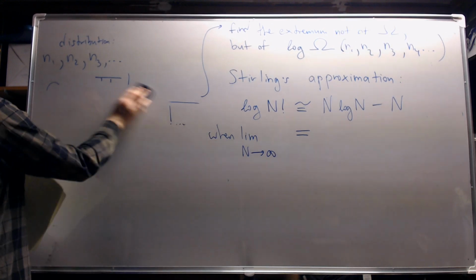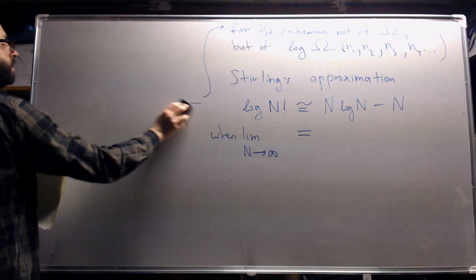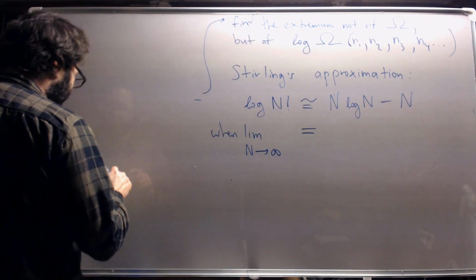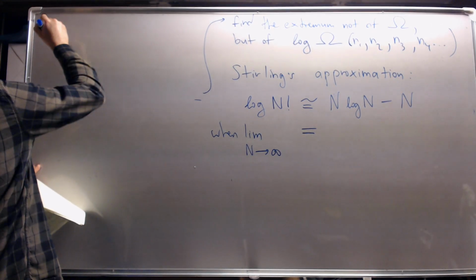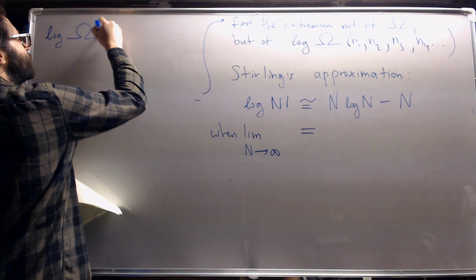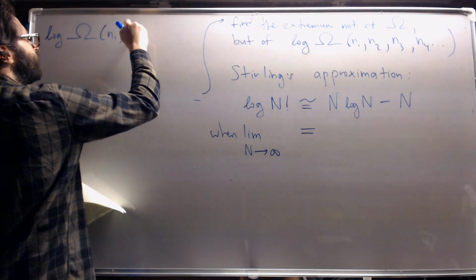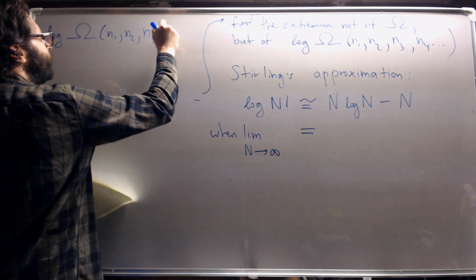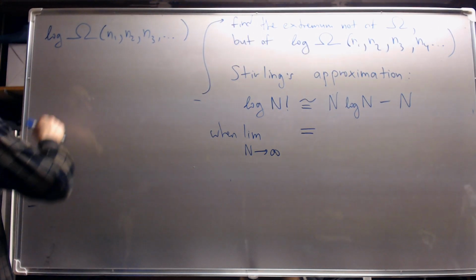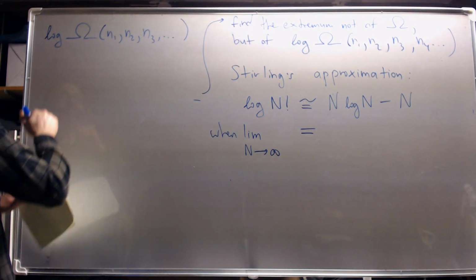The method of Lagrange multipliers says this. We would like to maximize or find the extremum value of the logarithm of omega, as it depends on n1, n2, n3. We are finding the maximum value of the logarithm of the statistical weight.